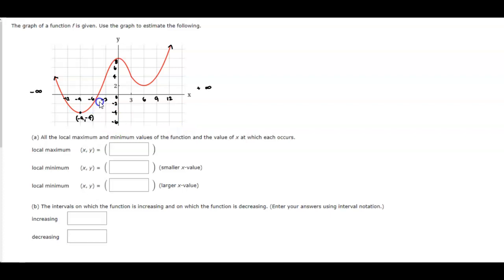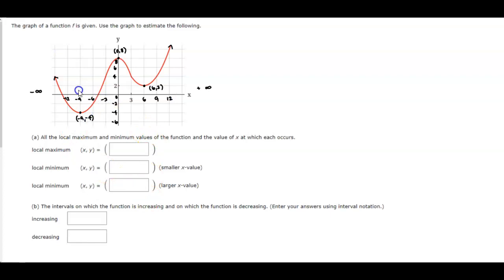And then it's going to increase to the top here and end up peaking at this value. And so there is another turning point at 0, 8. And then we go down here, and there's another turning point at 6, 2.